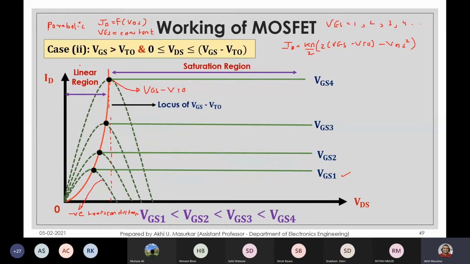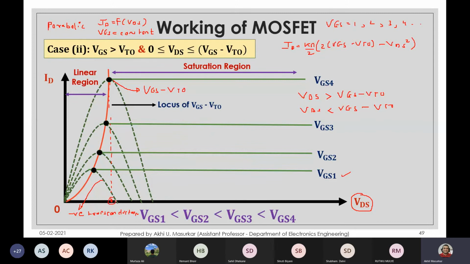To check whether the transistor is in linear or saturation, we always do this test: we find out whether VDS is greater than VGS minus VTO, or less than VGS minus VTO.